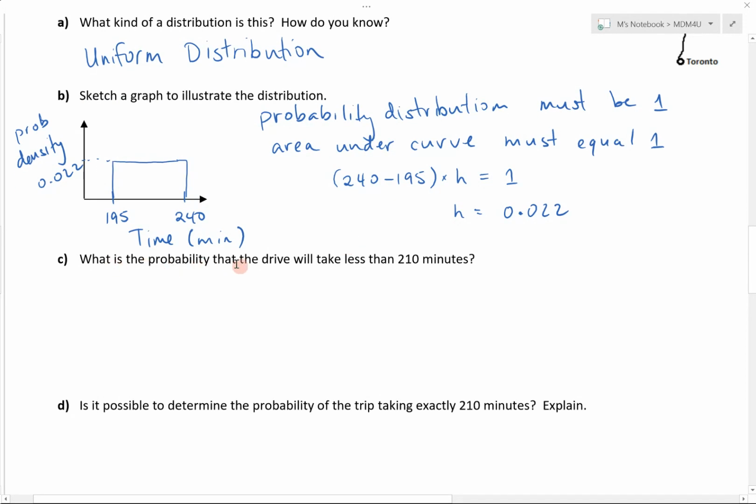Okay, so what is the probability that the drive will take less than 210 minutes? Let me zoom in here so you can see a little bigger text.